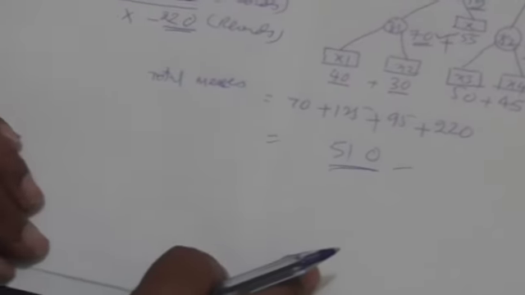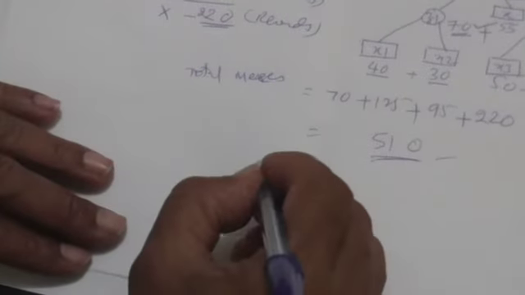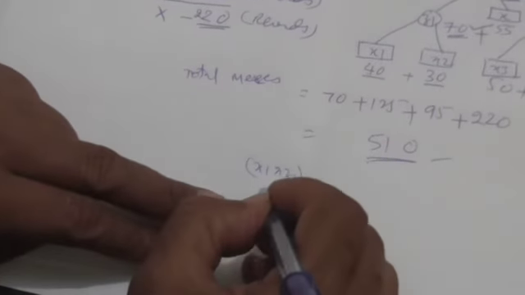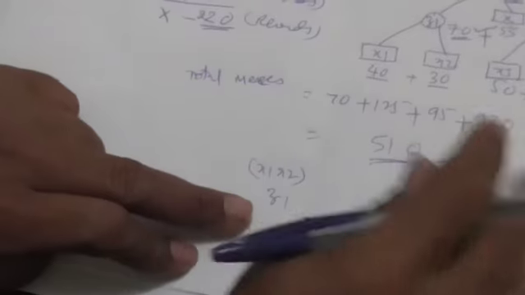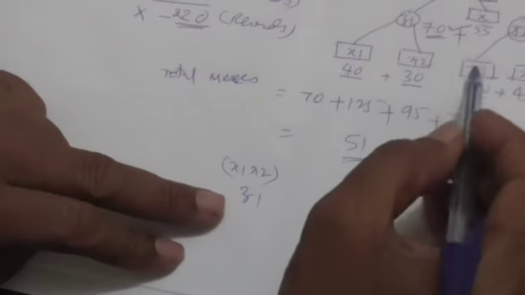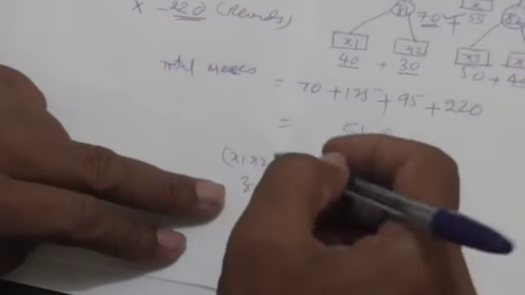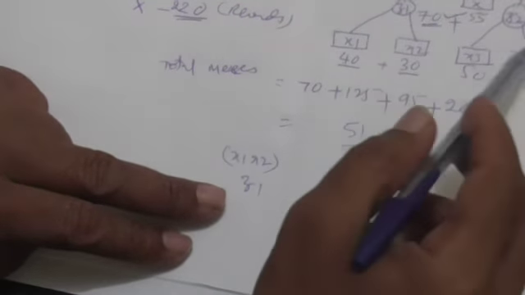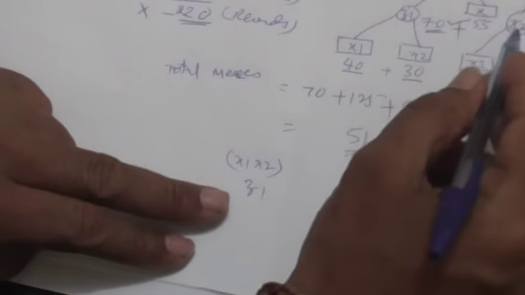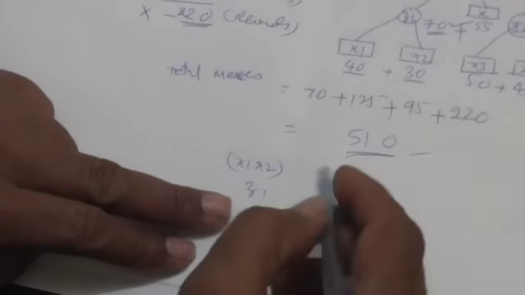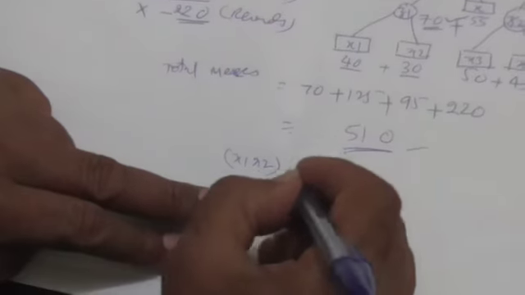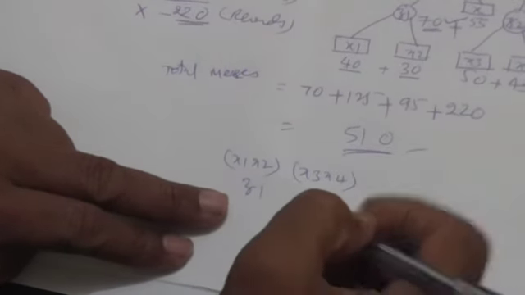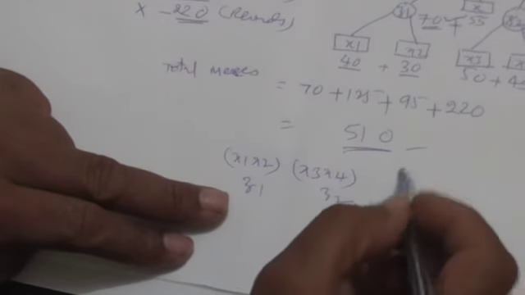And when you look at the merge pattern, first x1 and x2 are merged, giving rise to z1. Next, x3 and x4 are merged, so this is my z2.